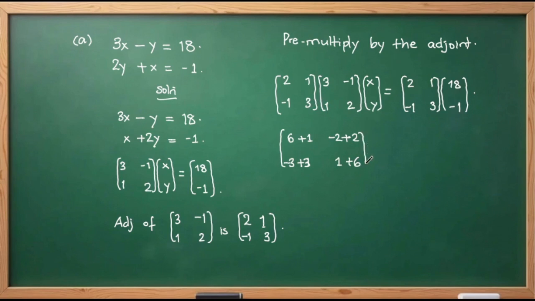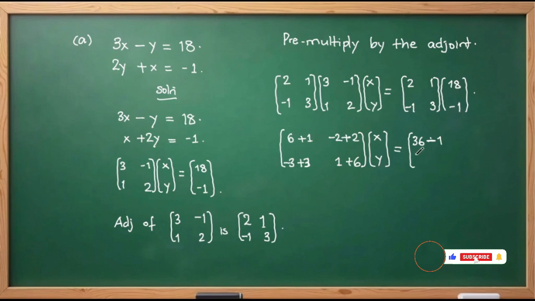Then we close this bracket, and we come with our unknown variables. Now we move to the right hand side. 2 times 18 is 36, plus 1 times negative 1 is negative 1.